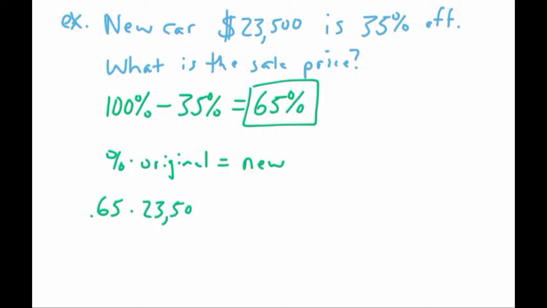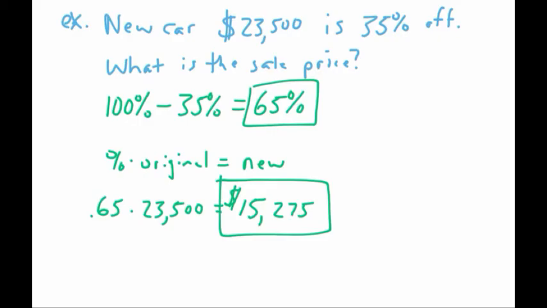We put that in this original spot, or you could say the whole amount. Then we're looking for the new amount, or that partial amount. If I punch in 0.65 times 23,500, I come up with $15,275. Probably not getting much of a car, but for this example, you'd be paying $15,275.